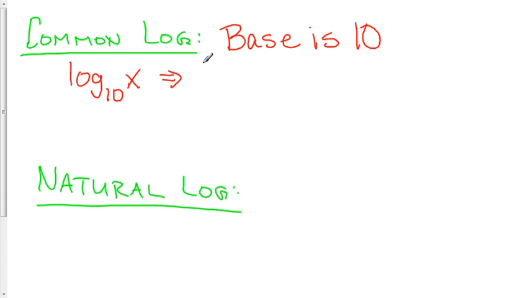Because we count 1, 2, 3, 4, 5, 6, 7, 8, 9, 10. And 10 then makes us change to a 2-digit number. So that's why it's base 10. So a common logarithm, log base 10 of x, we would not write that. Instead, we would just write log of x. When you see this, do not assume that there is a 1 down here, because there isn't. It is a 10.